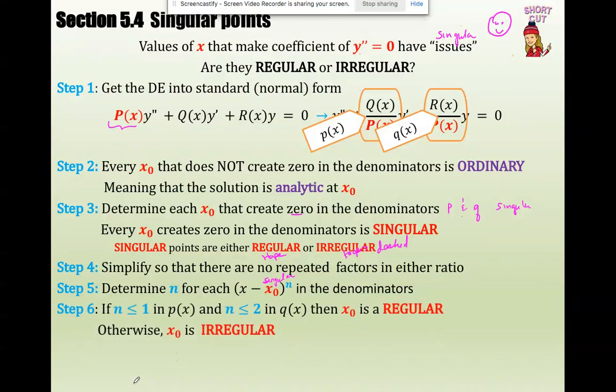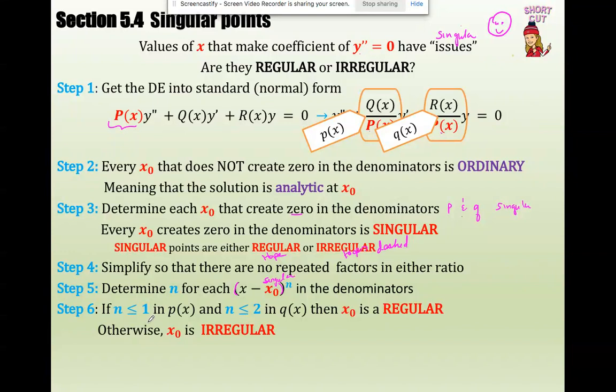Remember, the limit of y prime was x minus 0 to the first, and the limit involving just y was x minus the center squared, or that singular point squared, right? So just look at the denominators of your little p and little q after you've simplified the ratio, and look for your x minus your singular points.